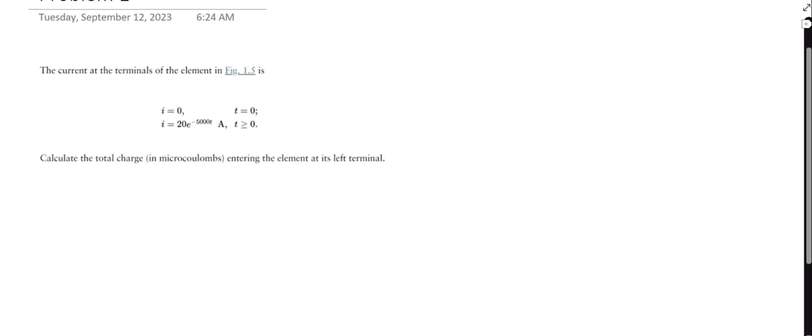this is from today's worksheet. So we're going to go ahead and start with number 1. I picked these problems because I thought they would be helpful, just looking at your homework and what I would think you would need to know based on what he's done in class. So in this one you're given a current and you're supposed to find the total charge entering the element at its left terminal.